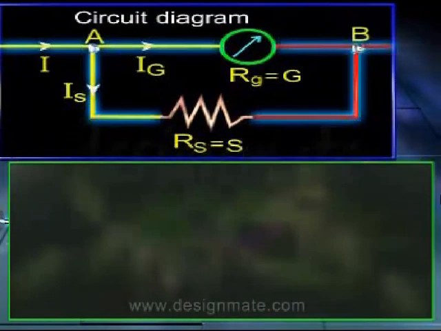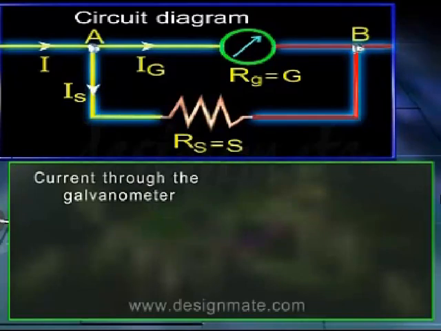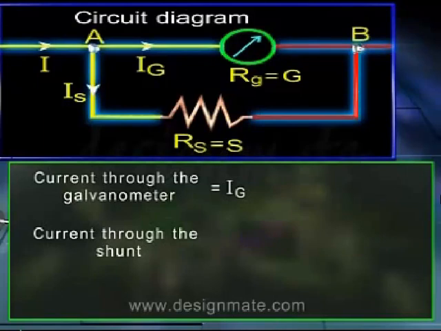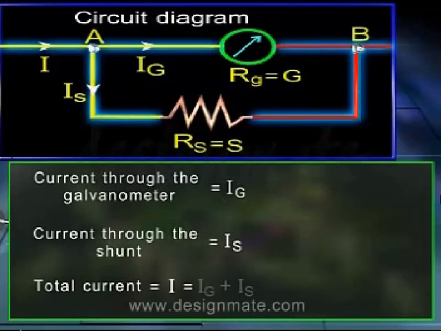The current through the galvanometer is equal to Ig. Current through the shunt is equal to Is. Using Kirchhoff's first law at the junction A, the total current I is equal to Ig plus Is.